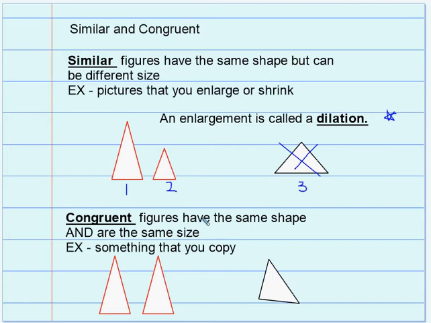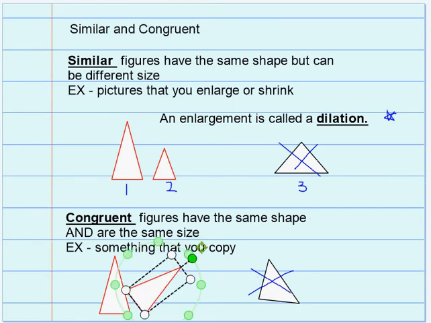Now, congruent figures have the same shape and are the same size. So it's something that you would copy. So you can tell that these two are the same, and you can clearly tell that this triangle over here is not the same as those. However, I just want to point out that if this triangle were like that, these two are also congruent. Same with the triangles up here with similar triangles.